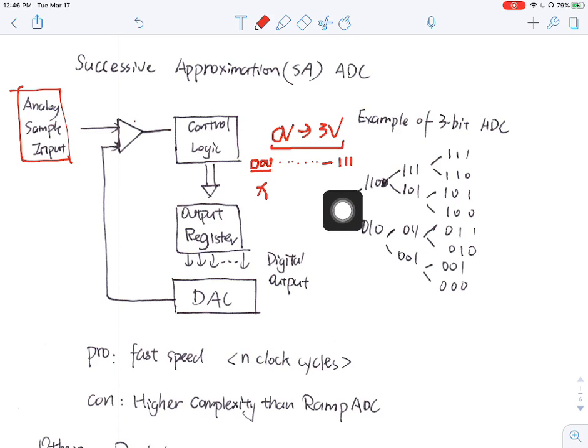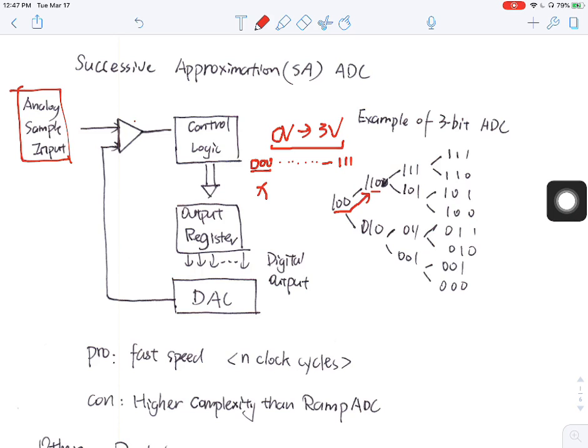If X is greater than 100, then the guess process will move to the upper branch and further compare X with 110.